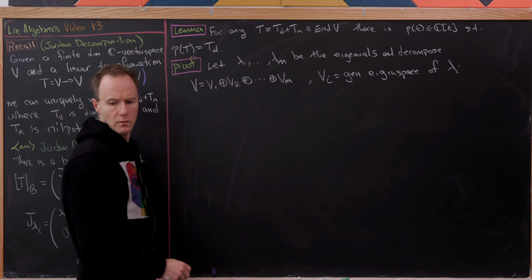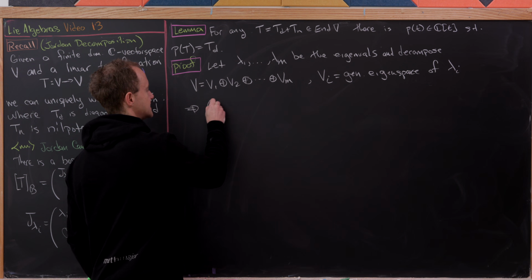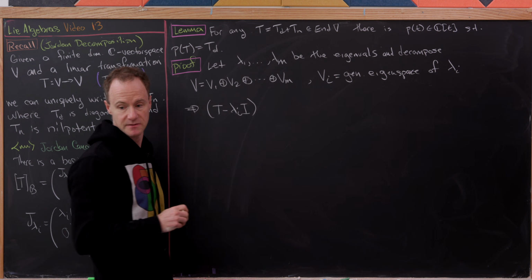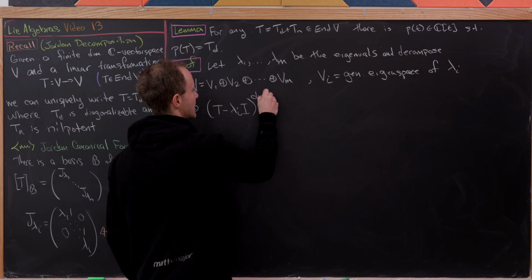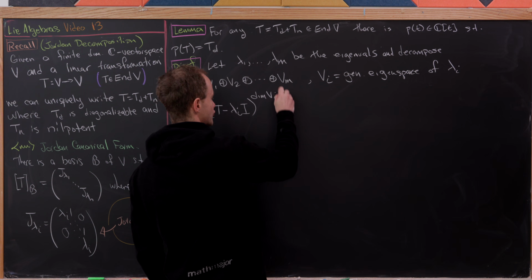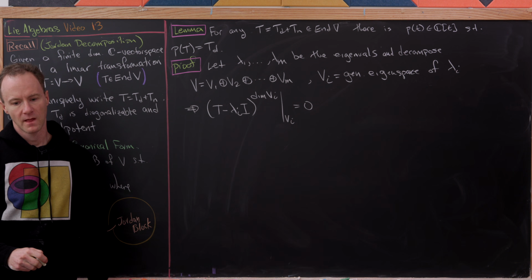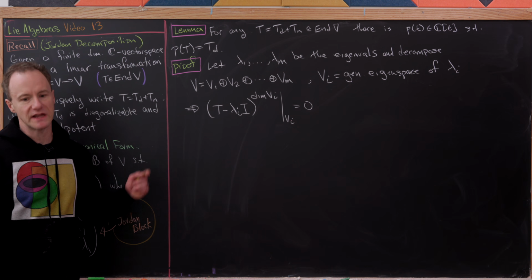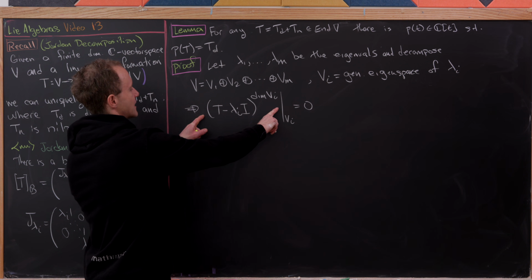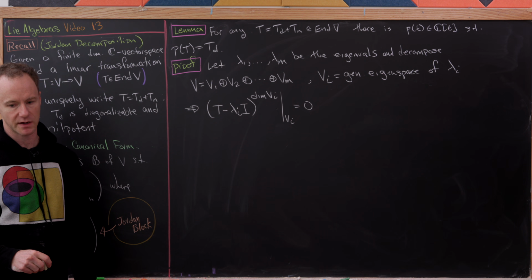Okay, so what does that mean? Well, that means that if we take T minus lambda i times the identity matrix and raise it to the power the dimension of Vi, and then we restrict that to Vi, we get the zero linear map. So vectors that get killed by this operator here are exactly these Vi. So that's sort of the setup that we're going on here.